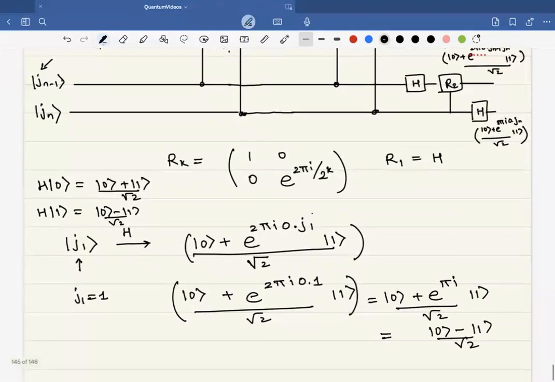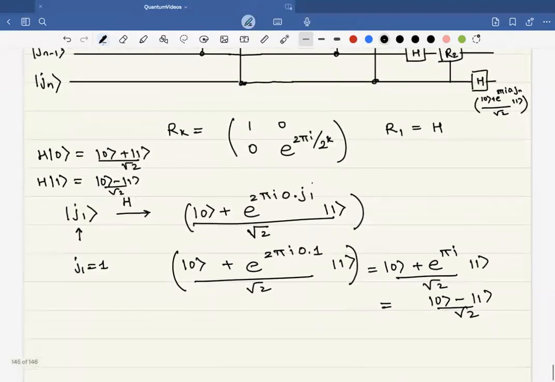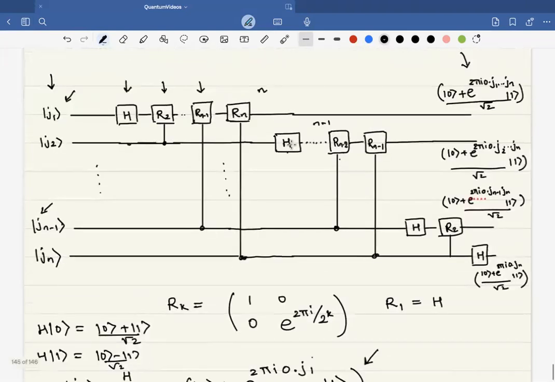So at the end of the first application of the Hadamard gate will be exactly this, right? So this will be after the application of the Hadamard gate. So we are over here now in terms of the time slice.